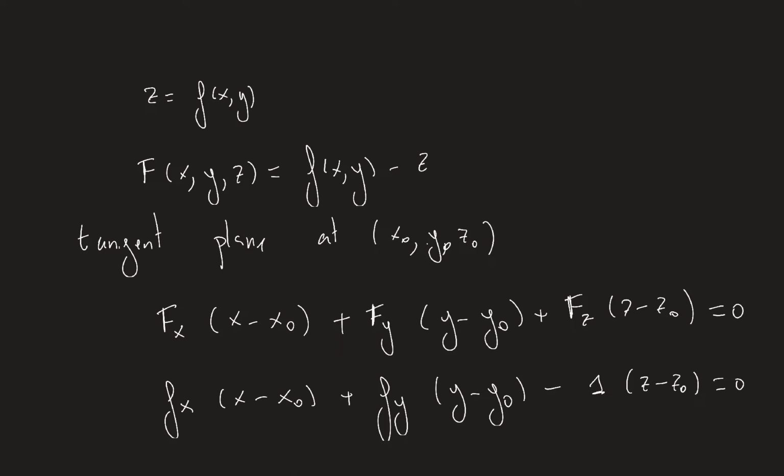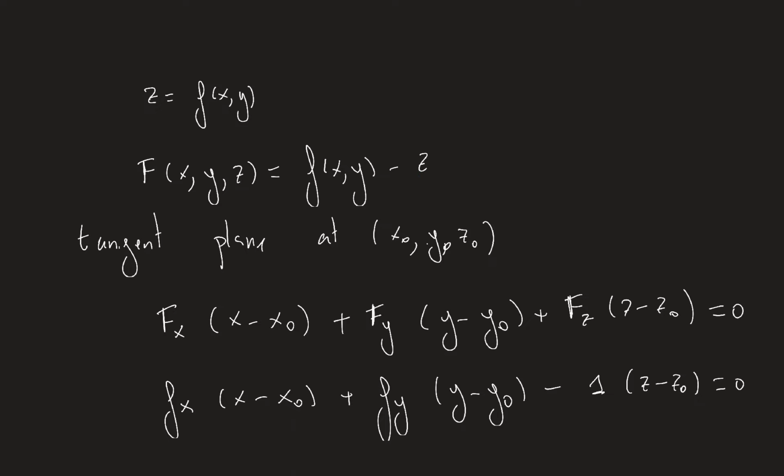Now we know that gradients are normal to level surfaces. What is the gradient of this function? The coefficients to construct the plane will be F_x times (x minus x0), F_y times (y minus y0), F_z times (z minus z0). What is the derivative of capital F with respect to x? It will be little f_x, because x is only here, it's not here.